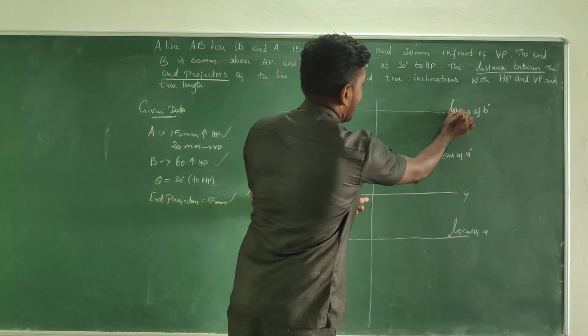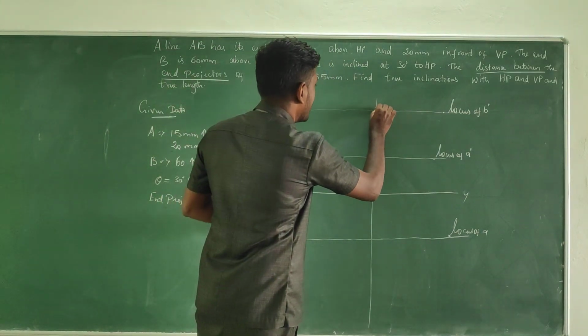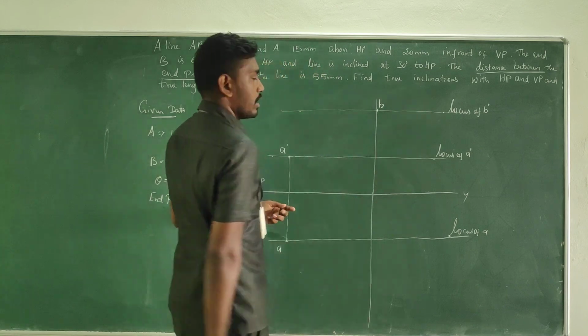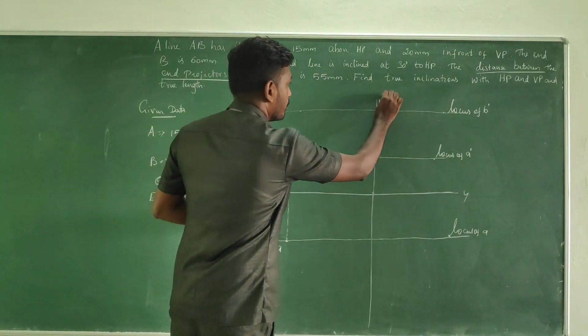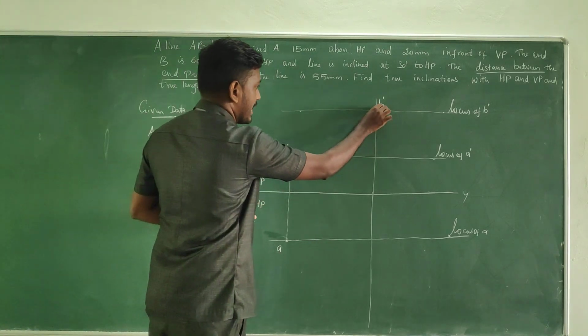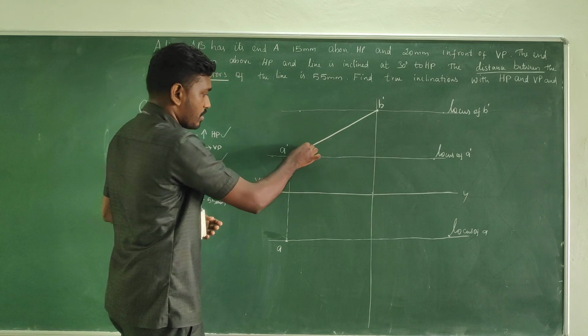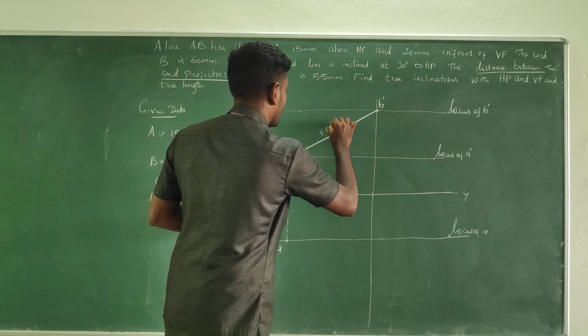This line intersects the locus of B dash, and this point becomes B dash. If you draw a line A dash B dash, it is the final front view.